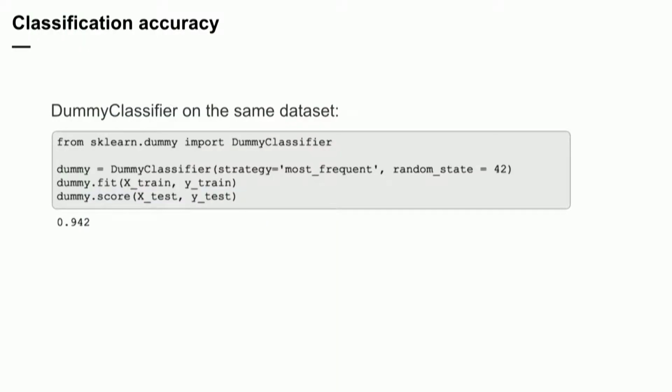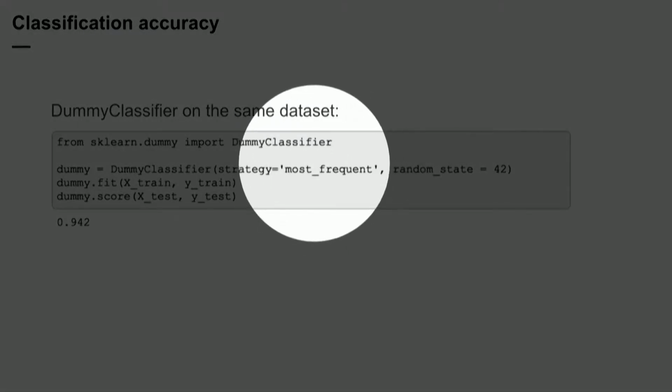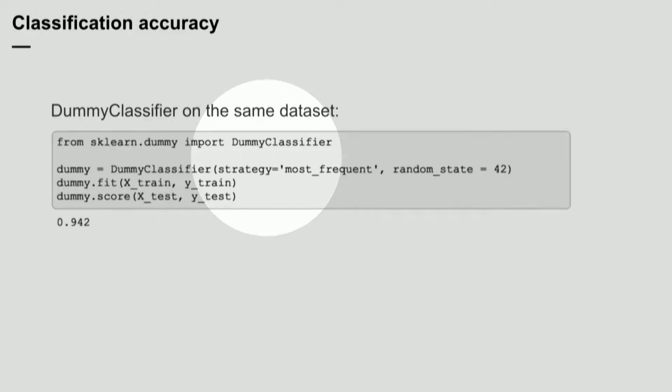The thing is, if I build a dummy classifier on the same data, the dummy classifier that returns the most frequent value, so it doesn't really learn anything from the data, gives me 94% accuracy. And why is that? The thing is, you don't know because I didn't show you my data.